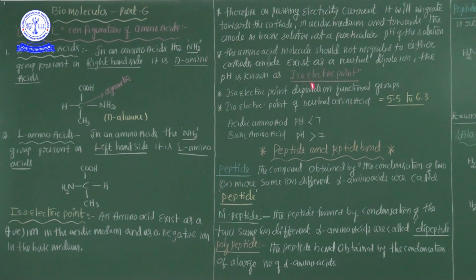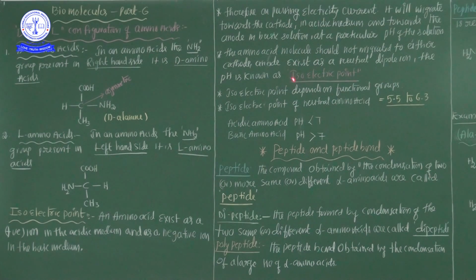See now, my dear students, listen carefully. There is a solution. After passing electricity, the amino acid migrates to the cathode side or to the anode side. In acidic medium, the amino acid migrates to the cathode side. Similarly, the amino acid migrates to the anode side in the basic medium. That is the general process.